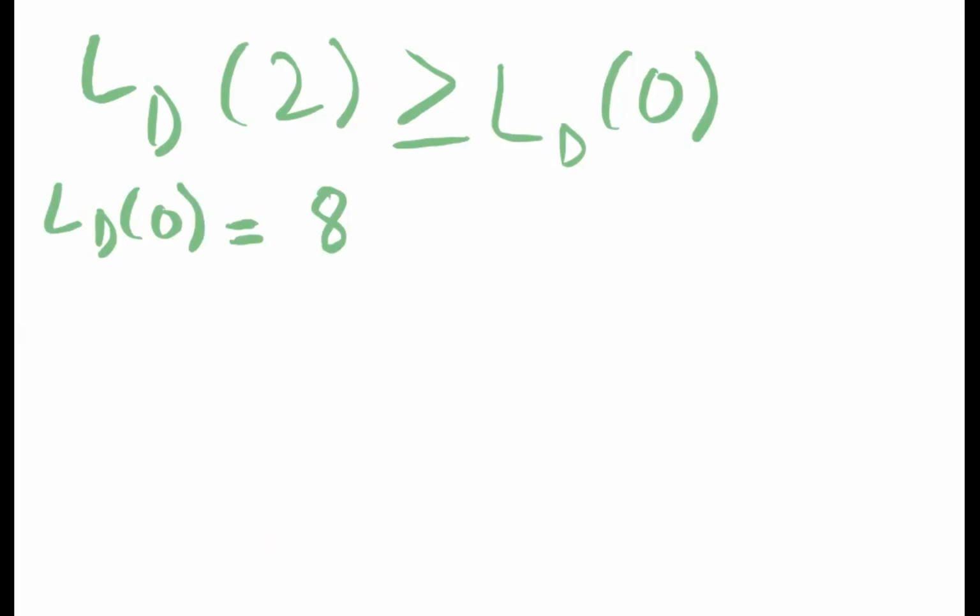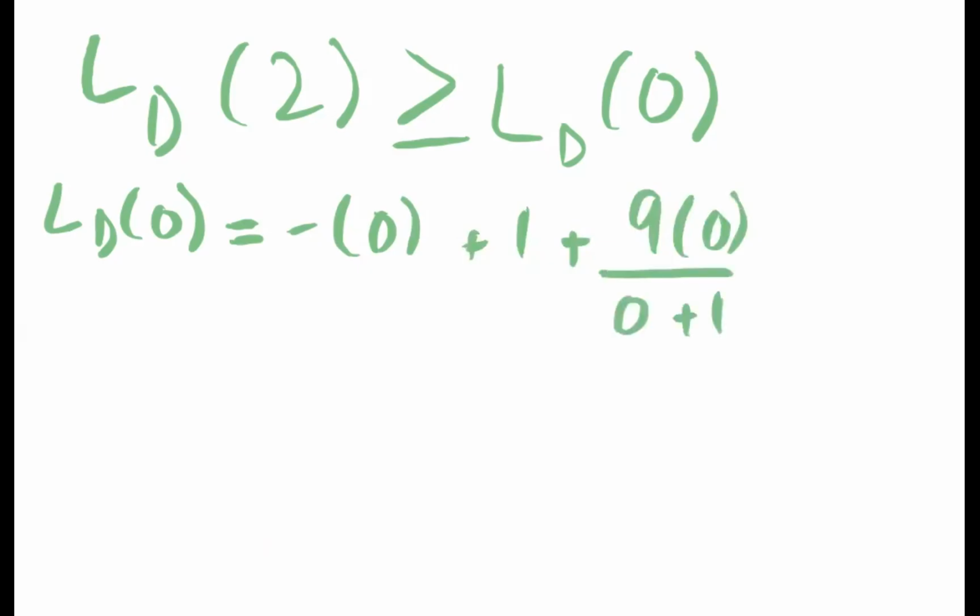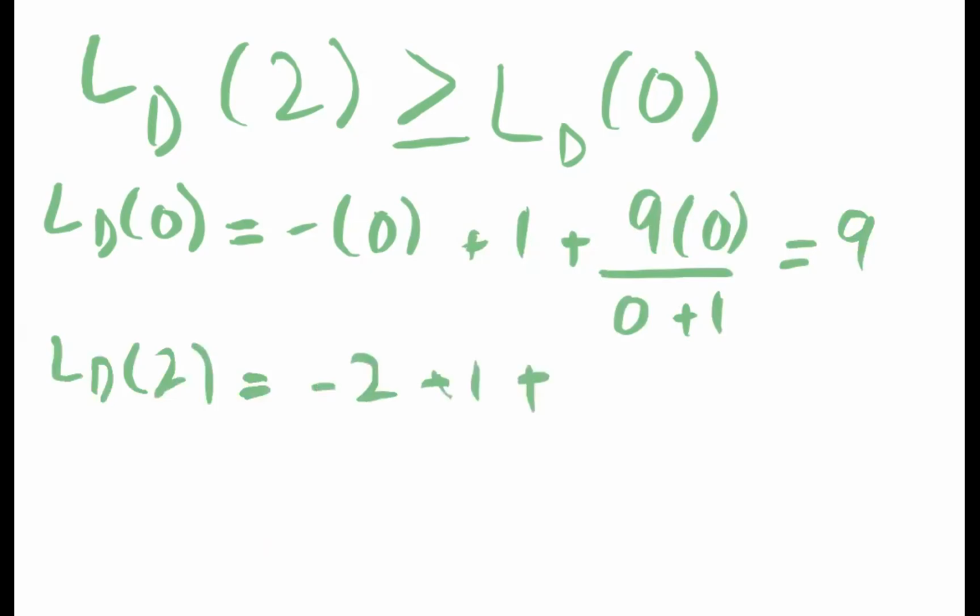Sorry. So let's put minus 0 plus 1 plus 9 into 0 over 0 plus 1, and then we would have something like 9. And if we have lambda 2, then we have minus 2 plus 1 plus 18 over 3, which is 6. So we have minus 1 plus 6.